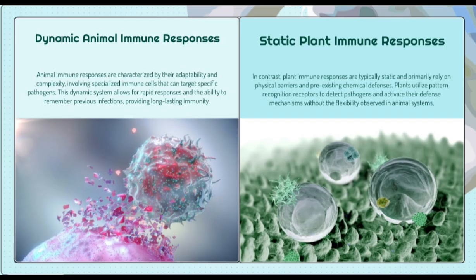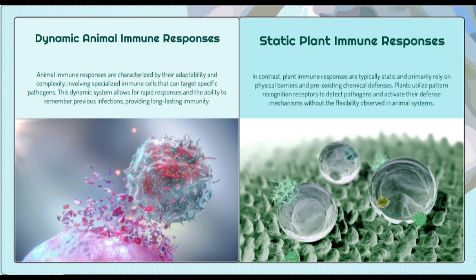The dynamic immune responses found in animals. Animal immune systems are known for being highly adaptive and complex. They use specialized immune cells like white blood cells to identify and attack harmful pathogens such as viruses or bacteria.